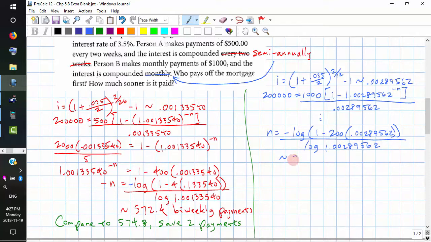That gives us approximately 299.3. Compare to 300.6 monthly payments. So you save over a month of payments, and that's over $1,000.